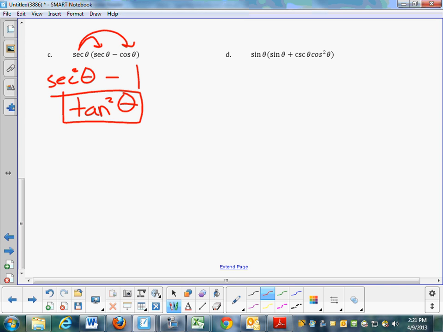So like this one, what do you want to do here? Yeah, even though I do have a squared, I'm going to distribute, because one thing you should notice is if I take sine times sine, that will give a sine squared, which we want. But then if I take sine times a cosecant, those have what relationship? Reciprocal, so they will cancel and leave you with 1. So what's sine times sine? Sine squared of theta.